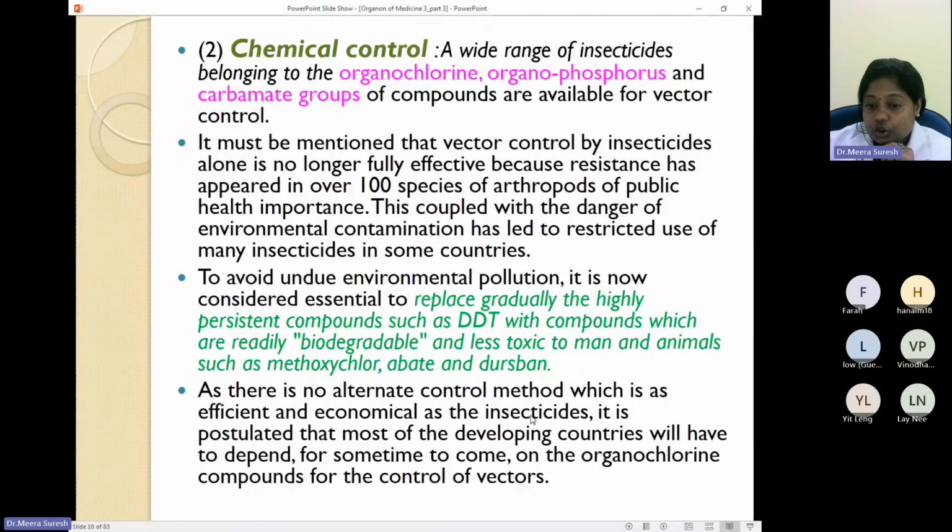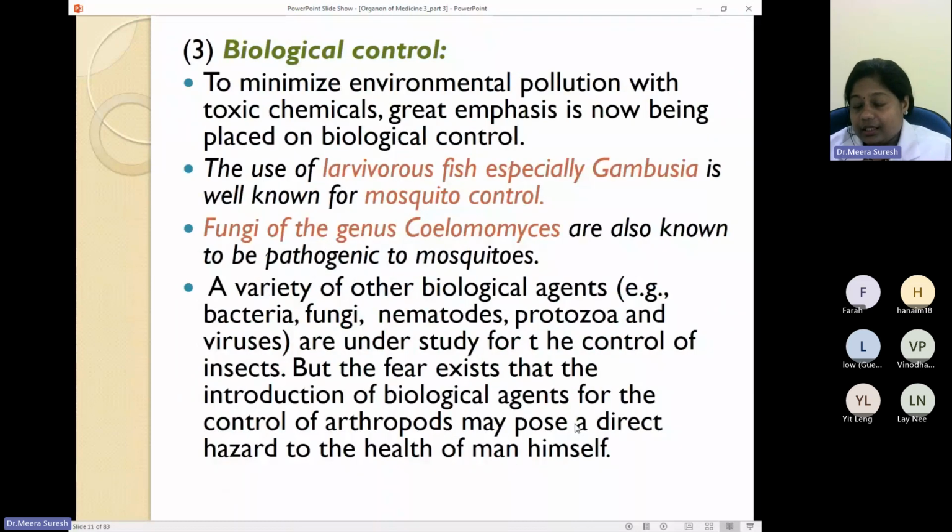As there is no alternate control method which is as efficient and economical as insecticides, it is postulated that most of the developing countries will have to depend for some time to come on the organochlorine compounds, because this is very efficient and economical. The environmental pollution is there, but still this is one of the ideal methods to be followed, at least in developing countries, for some time from now, unless they find out some other best methods.